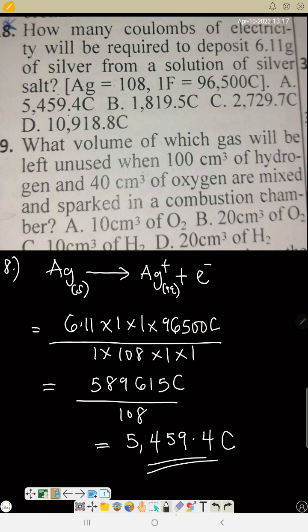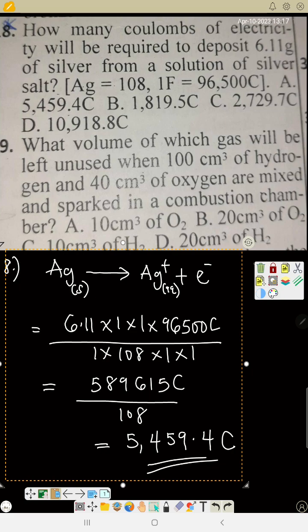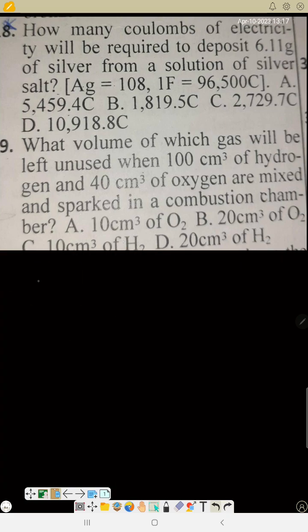So now let's do number 9. What volume of which gas will be left unused when 100 centimeter cube of hydrogen and 40 centimeter cube of oxygen are mixed and sparked in a combustion chamber?